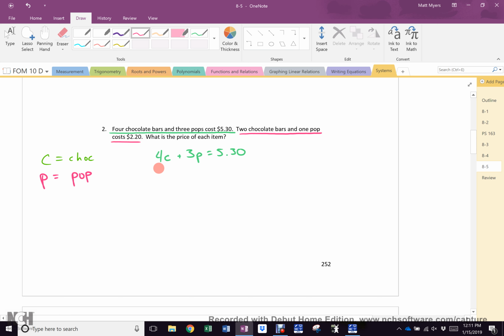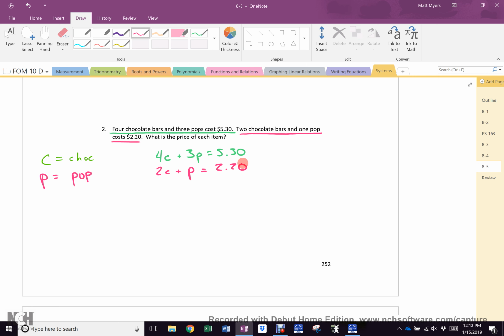They cost $2.20. 2C plus P equals 2.20. Am I set up for elimination or substitution? Or neither right now? I am set up for neither, so I must perform some math to change what one of these equations looks like.